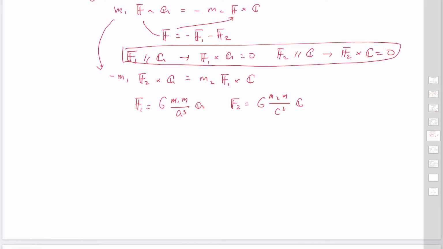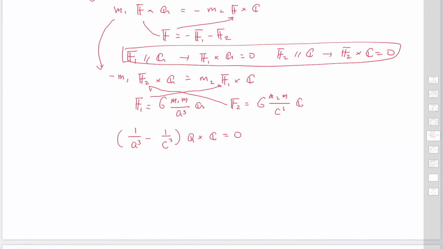Then you can substitute these equations, F sub 1 here and F sub 2 here. Then it becomes (1 over a cubed minus 1 over c cubed) A cross C equals 0.